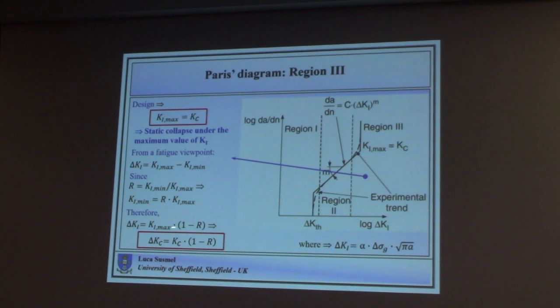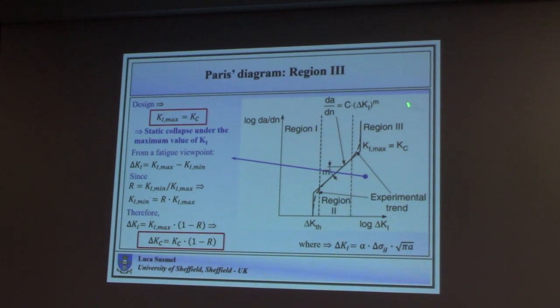So when K1 max is equal to Kc, we can calculate the delta Kc, which is this value here, which is the range of the stress intensity factor resulting in a maximum value for K1 equal to Kc.